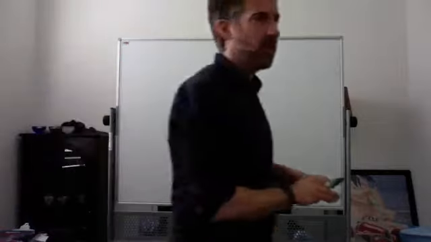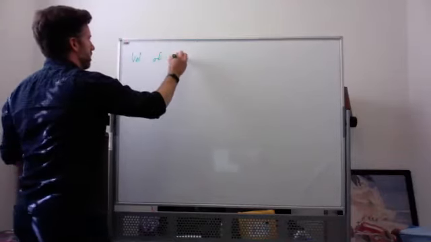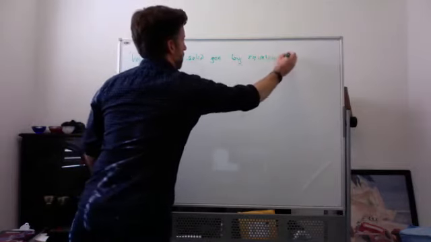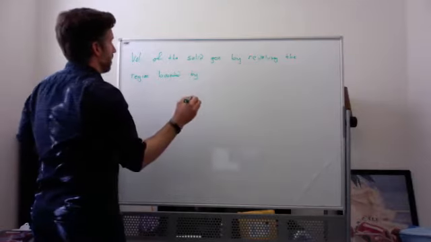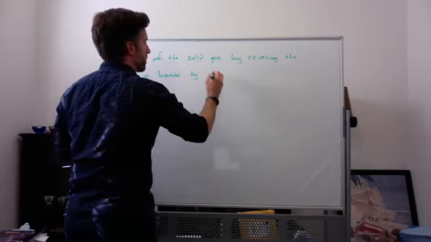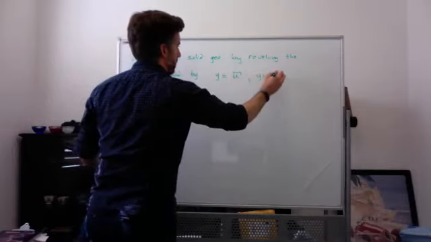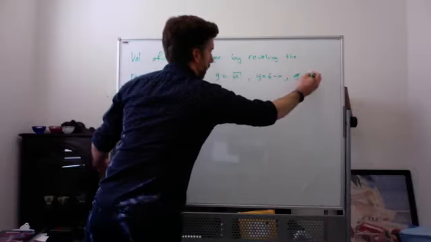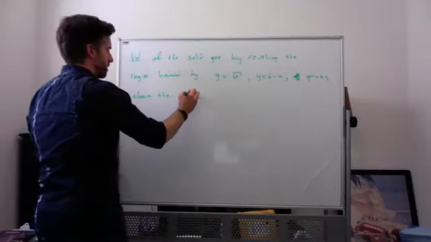I want to find the volume of the solid generated by revolving the region bounded by y equals the square root of x, y equals 6 minus x, and the y axis, about y.